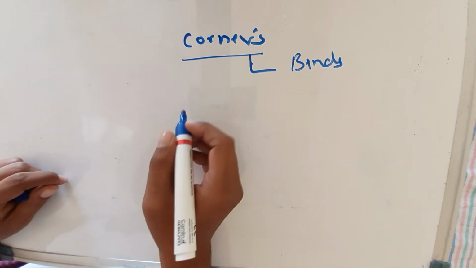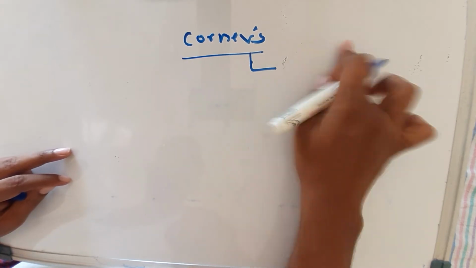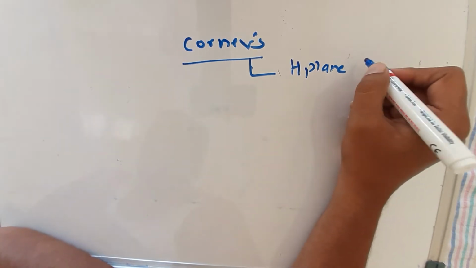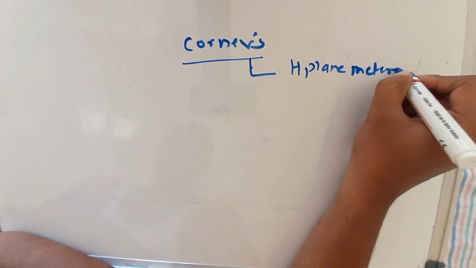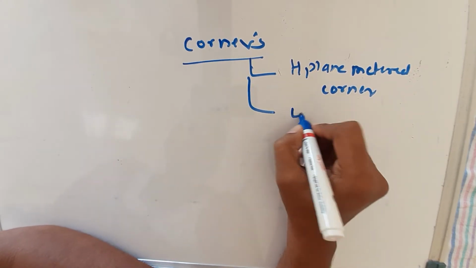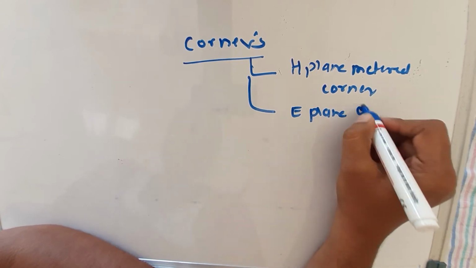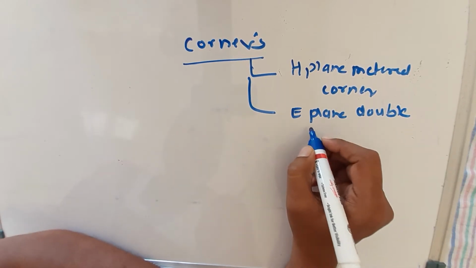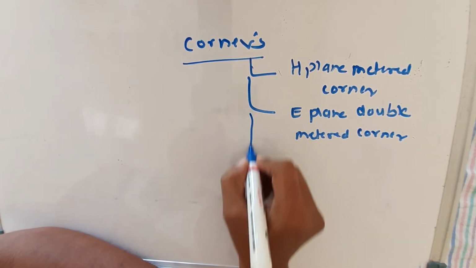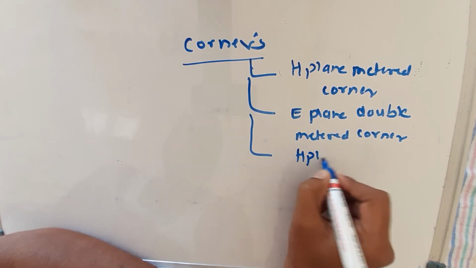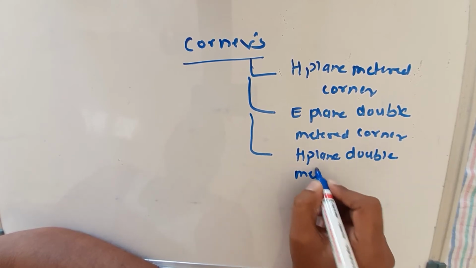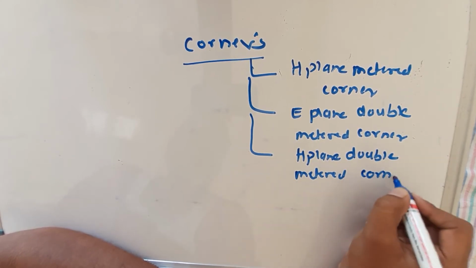Again there are three types of corners. The first is the H plane miter corner, then the E plane double miter corner, and the third one is the H plane double miter corner.